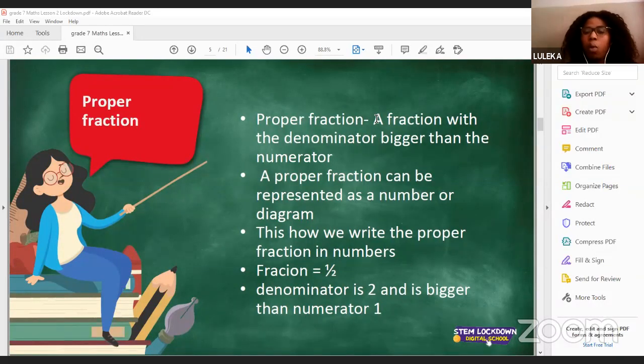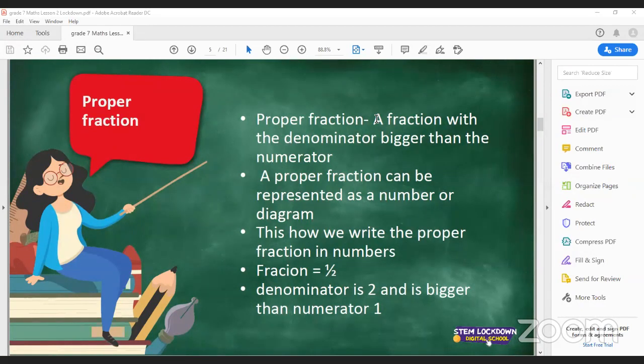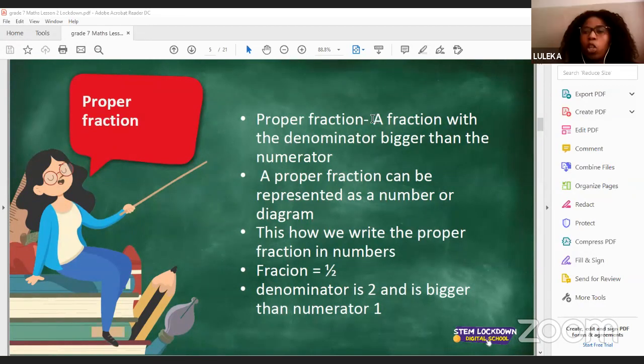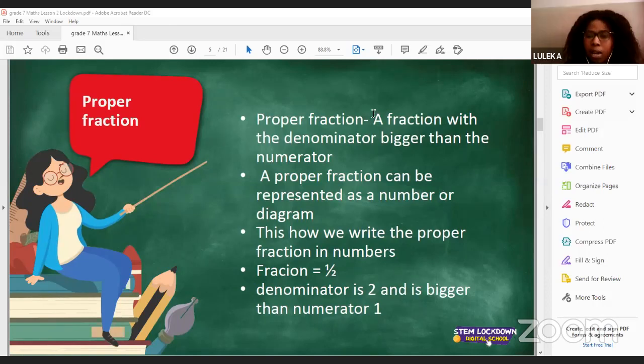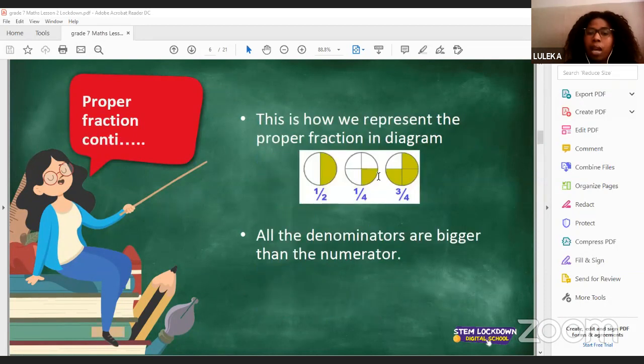Okay, going back to proper fractions, you can represent your fraction in numbers or diagrams. The first one we'll do is the number. I took the easy one, a half. So it's 1/2. You can all see that the numerator is smaller than the denominator, because the numerator in that fraction is 1, which is smaller than the denominator. Here is a diagram with 3 circles. The first one is cut into half.